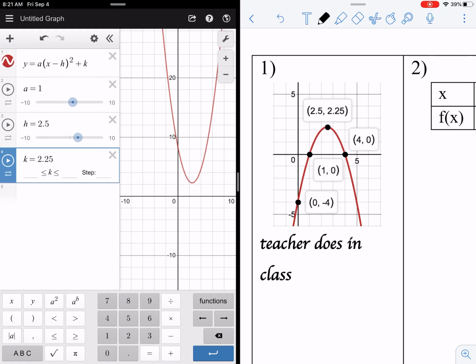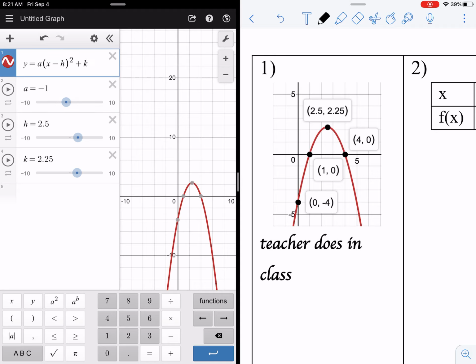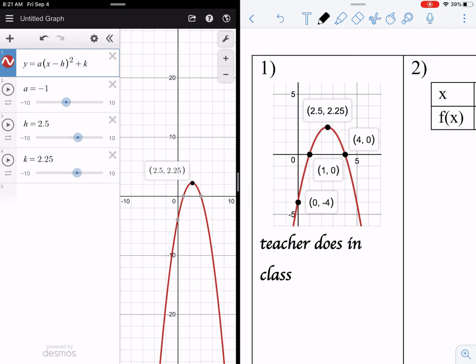And I know a is some kind of negative, but what negative, I don't know quite yet. Again, I'm going to come back up here and click on this 2.5, 2.25. So I know the vertex is good. 4, 0, that's also good. 1, 0 is also good.